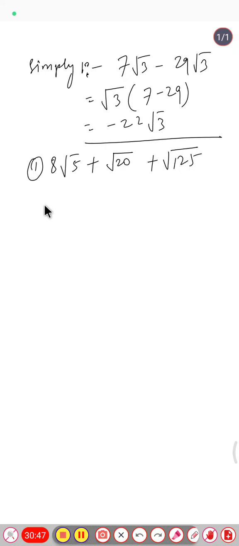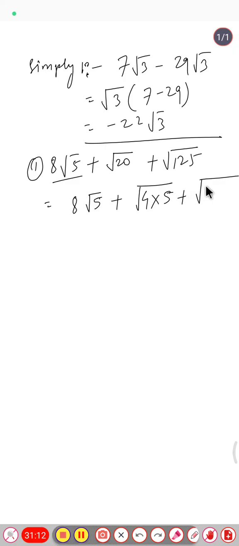In this question we have 8 root 5 as it is, then plus root 20 is root of 4 into 5, plus root 125 is root of 25 into 5.